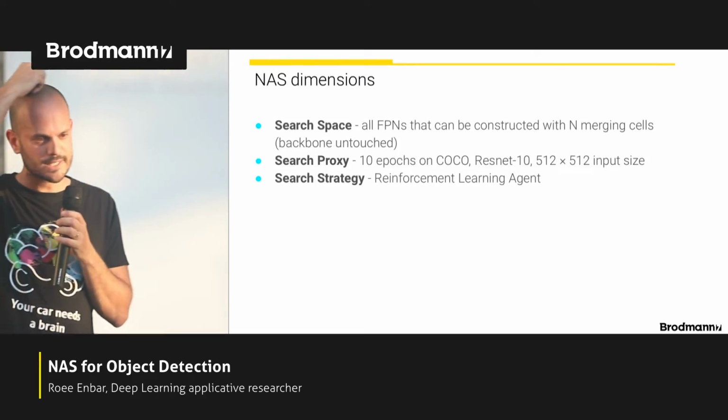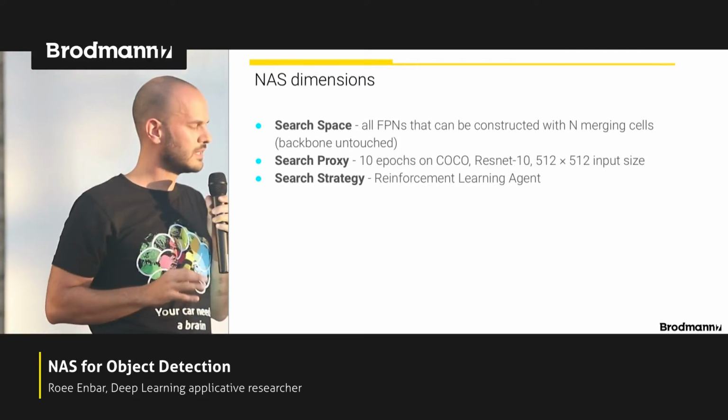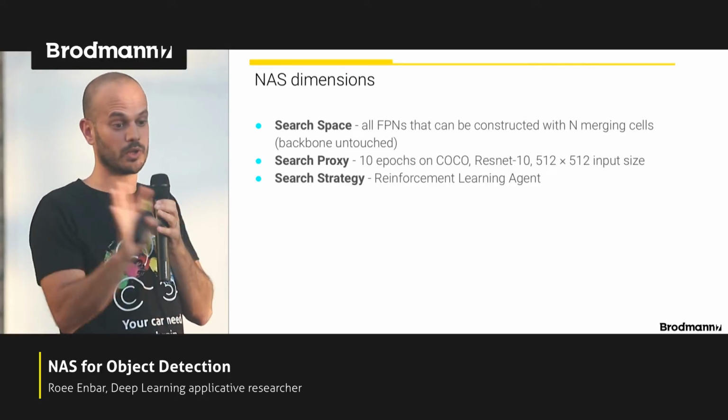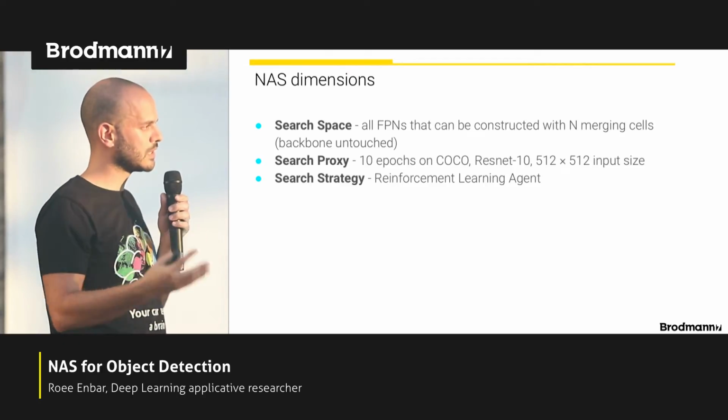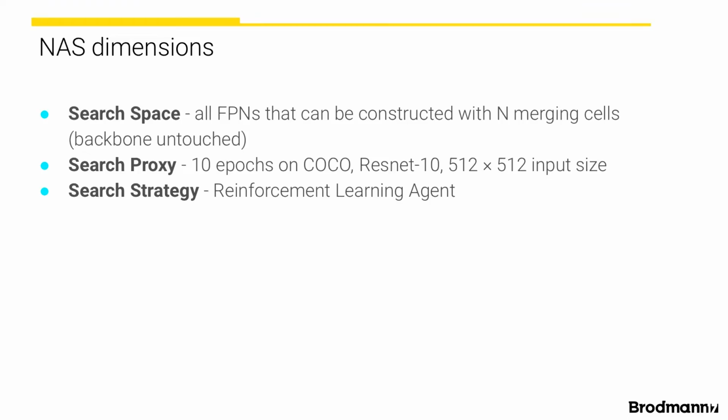So the space contains all feature pyramid networks that have some backbone model which we don't touch, and can be constructed by n merging cells. The n is set in advance. The proxy they use is to train for only 10 epochs on the COCO dataset. They use a super small backbone model, ResNet-10, and they reduce the size of the input image.